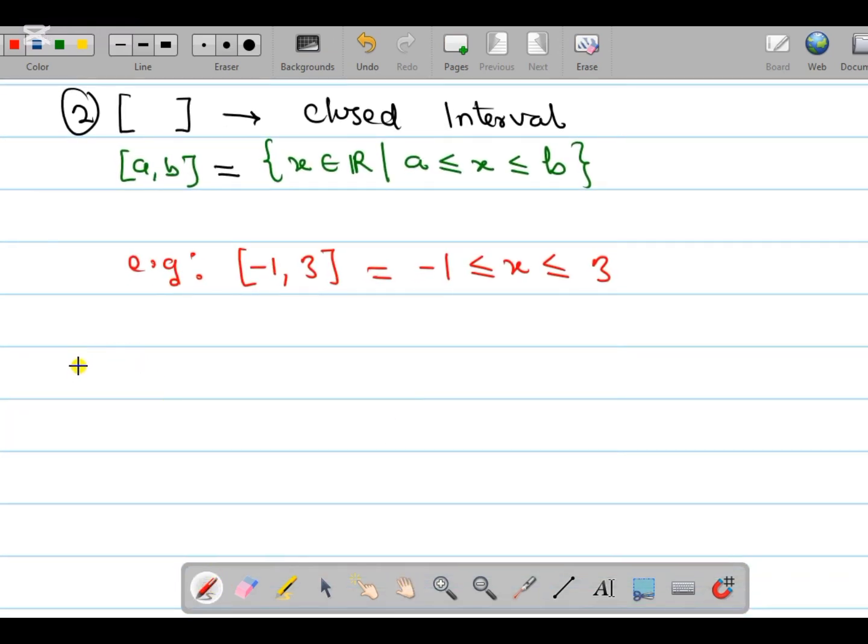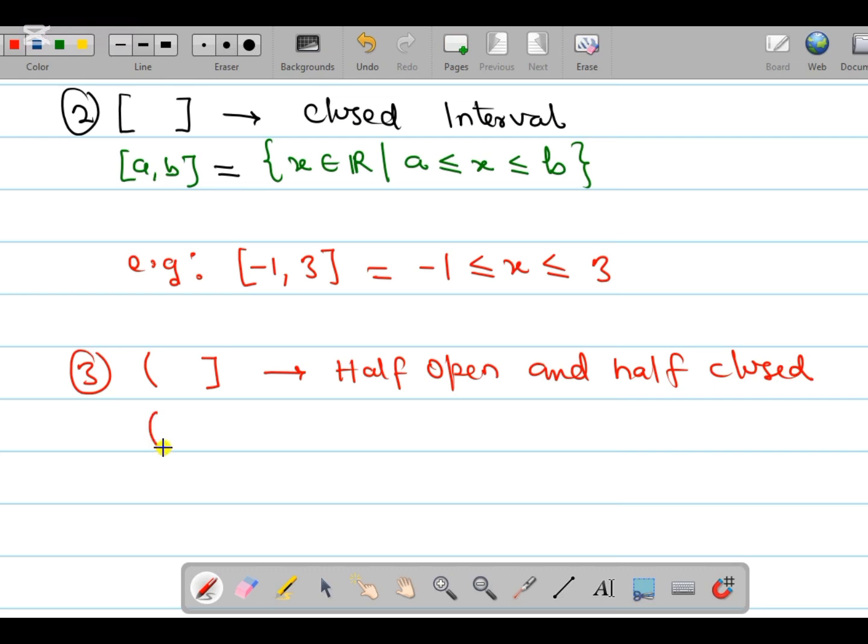Then we go over to the third one. The third and the fourth are a mixture of the two extremes. It could be half closed, half open, and then it could be half open, half closed. If we start with half open, half closed, this is defined as the set of all x in R such that on the open side it is always strictly less than, while the closed side is less than or equal to.